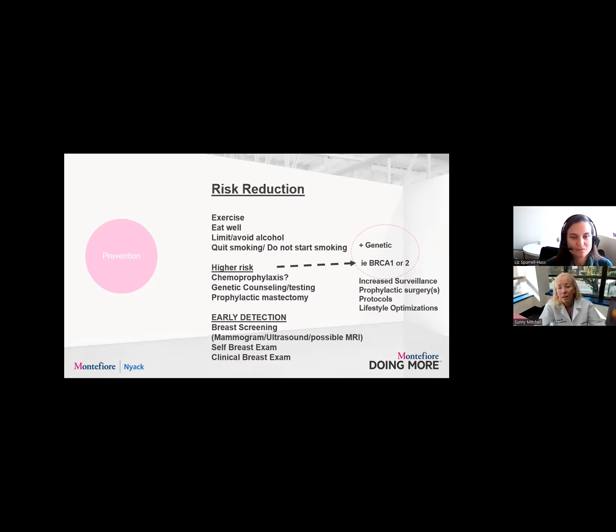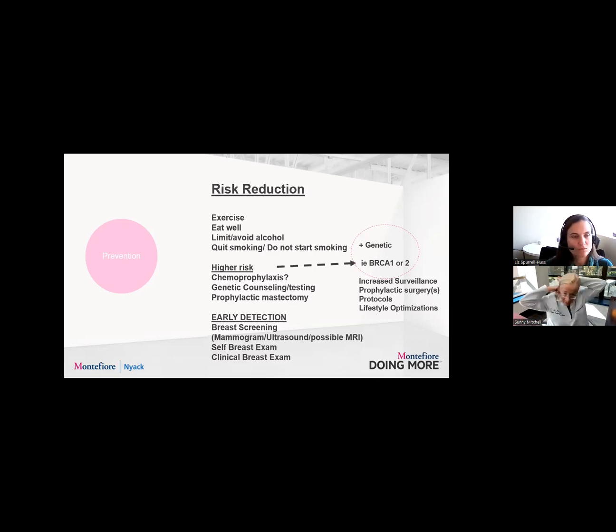Then if you're at higher risk, possibly you're BRCA1 or 2 positive, or you're positive for another gene mutation that's associated with an increased risk of breast cancer, you can be evaluated and consider what's called chemoprophylaxis. Maybe a medication like tamoxifen might be helpful in reducing your risk of breast cancer.